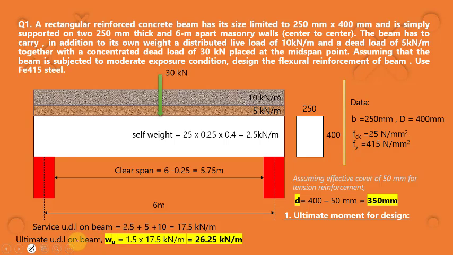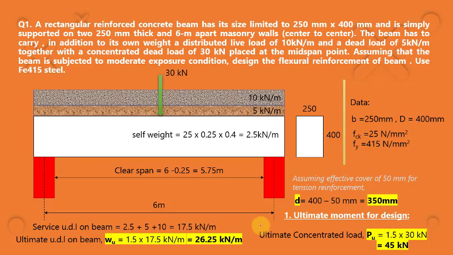The ultimate UDL on the beam will be 1.5 into 17.5. This 1.5 is the partial factor of safety for load for dead load as well as live load. Next, I would like to know the ultimate concentrated load which is acting at the midspan. So it is 1.5 into 30, where again 1.5 is the partial factor of safety for loads for dead load.